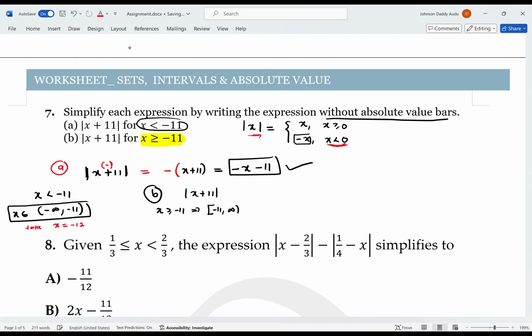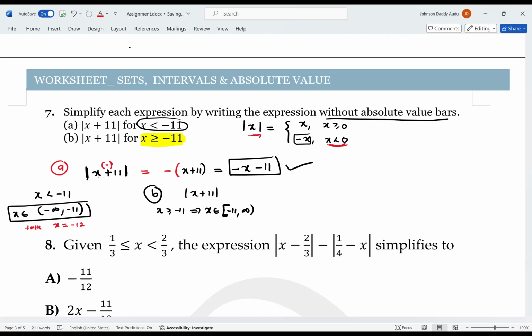So your x belongs to minus 11 to infinity, and I can just use any x to test. Just take any x from here. Look at this, this is closed, right? Since this is closed, it means minus 11 is also in the set. So I can take minus 11.